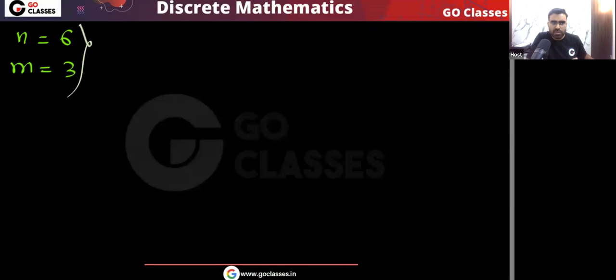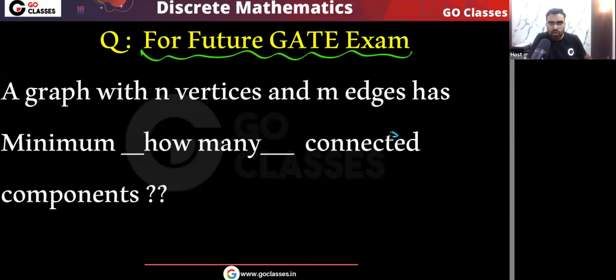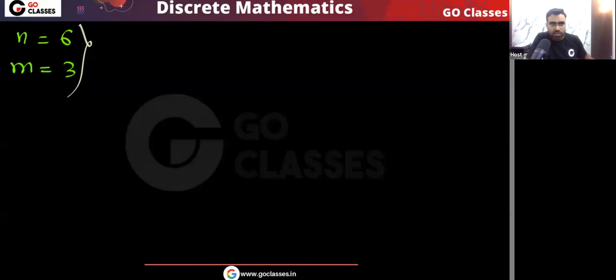You have 6 vertices A, B, C, D, E, F, and 3 edges. Let's try to create the minimum number of connected components.